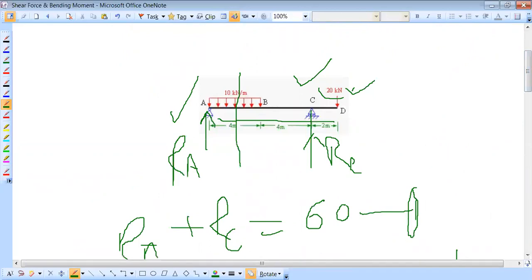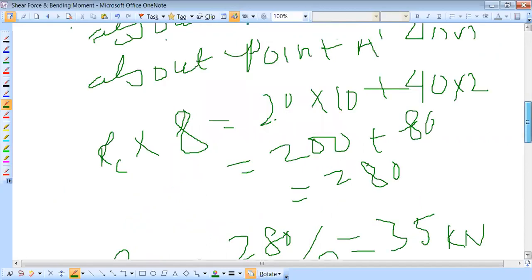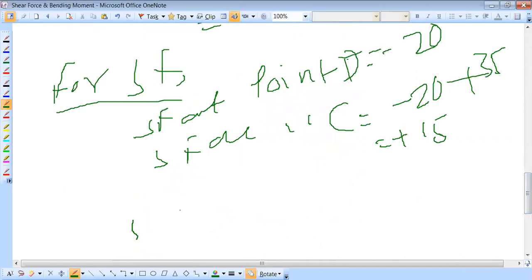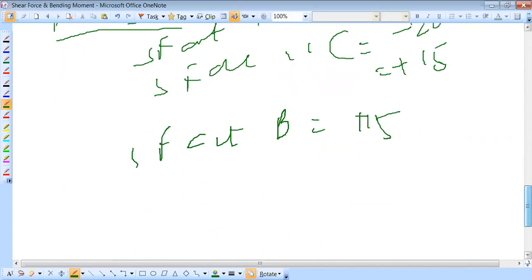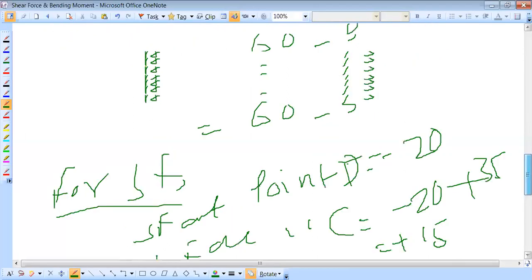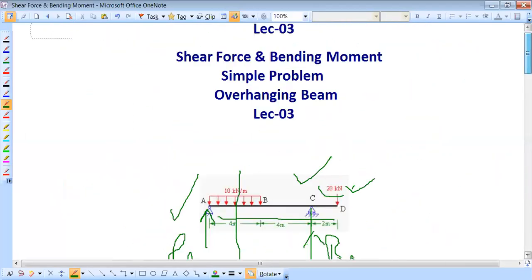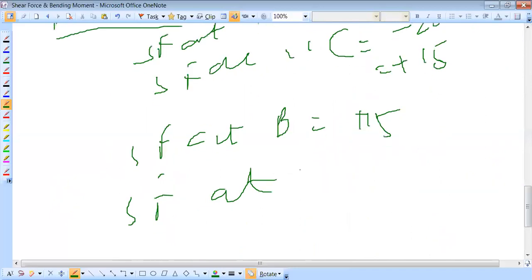Then SF at B is the same, because there is no load between B and C. So SF at B is plus 50 because of no load between B and C. Then SF at A. SF at A is equal to how much? It is plus 15.